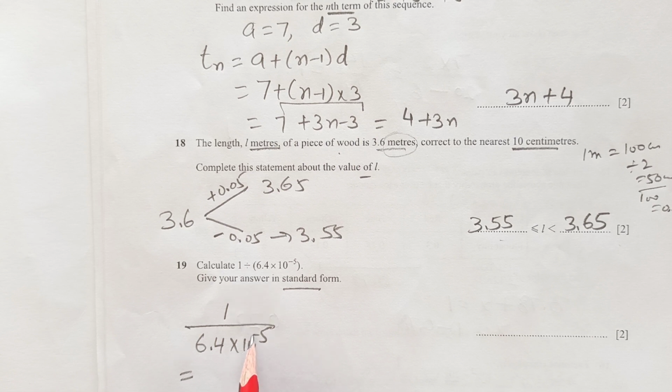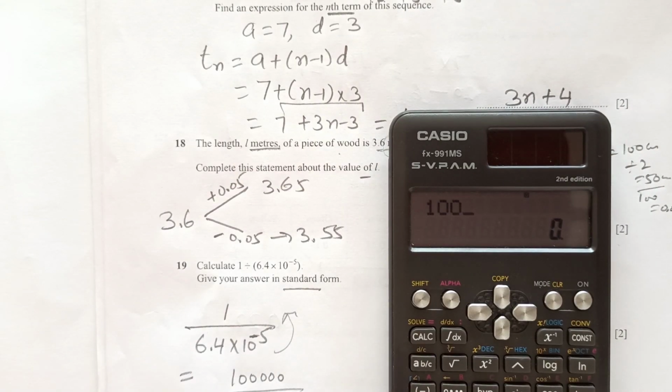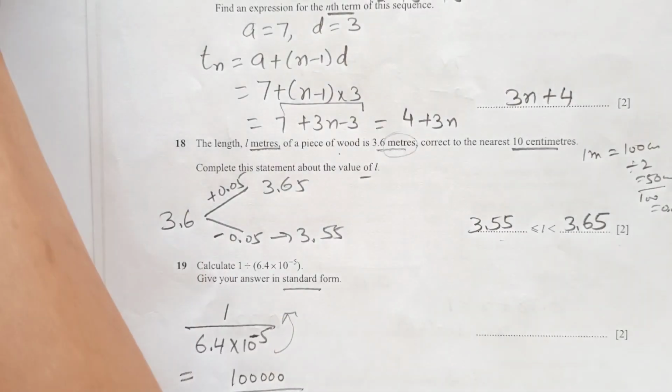If you bring it up to the numerator, it becomes 10 power 5, which is 1 2 3 4 5 zeros, divided by 6.4. This gives you 15.625.